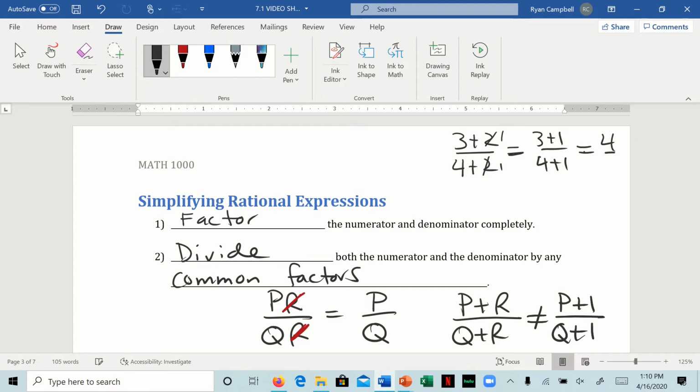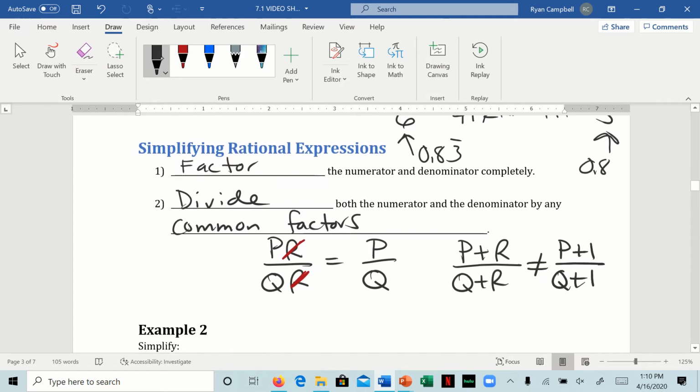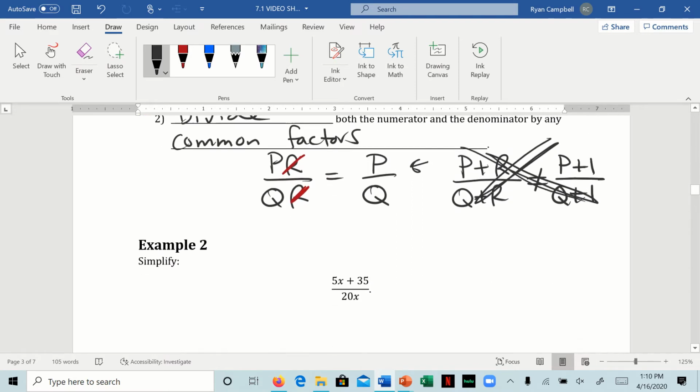That would be 4/5 being the same as 5/6, which obviously isn't true. 5/6 is 0.83 repeating, and 4/5 is 0.8. Since those aren't equal, these cannot be equal. So make sure it's only when it's being multiplied. You do not do it when it's being added. You have to do the entire term if it's added.